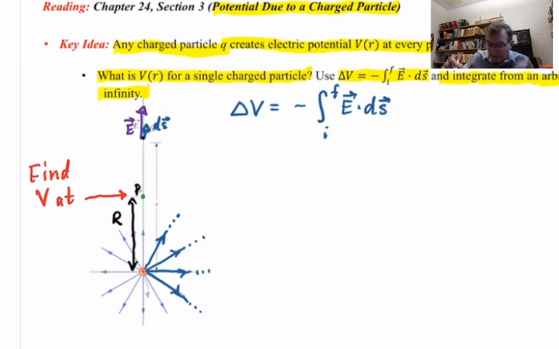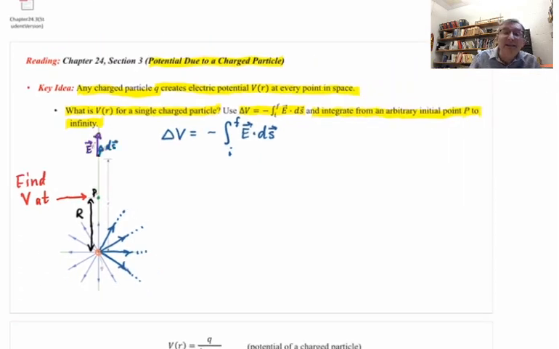Electric field points away from positive charge. Okay, so the E and the ds are in the same direction. So when we do the dot product, we'll have magnitude E, magnitude ds, cosine of the angle between the E and the ds, which is 0 degrees, and the cosine of 0 degrees is +1.